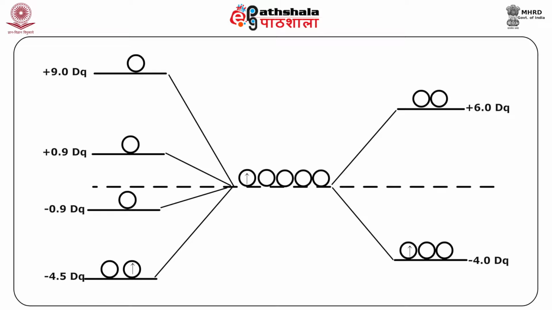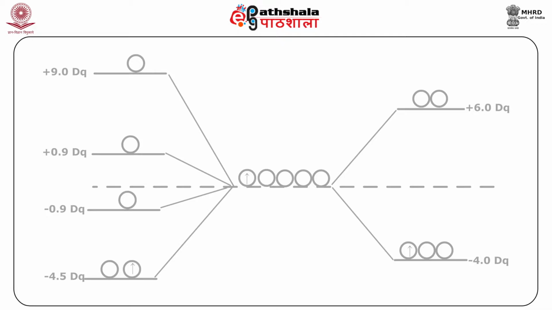1 into minus 4.5 Dq plus 0 into minus 0.9 Dq plus 0 into plus 0.9 Dq plus 0 into plus 9 Dq. Overall, the total crystal field stabilization energy in case of a square pyramidal would be minus 4.5 Dq.